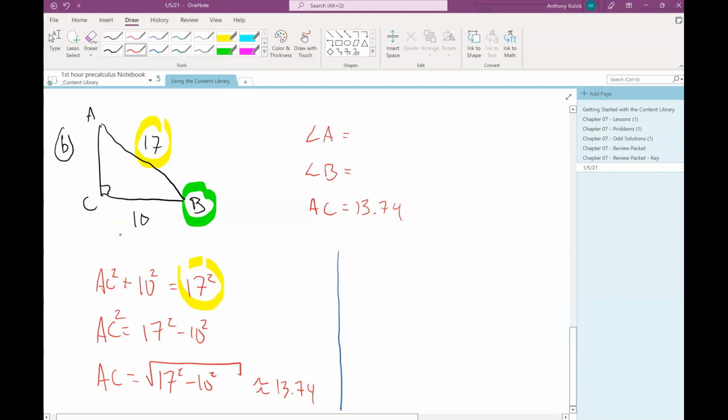Opposite, adjacent, or hypotenuse? Adjacent. And what is the 17? Hypotenuse. So which trig function should I be using? Cosine. So I'm going to say cosine of B is equal to adjacent over hypotenuse.